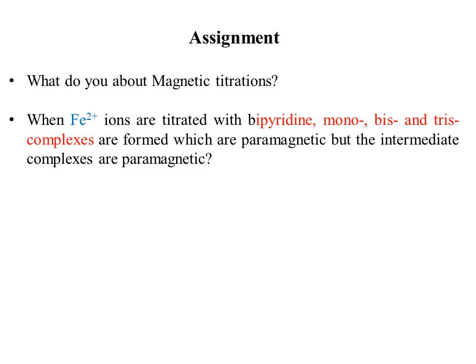Then the second example, which belongs to the first question, is that when iron(II) ions are titrated with bipyridine, mono, bis, and tris complexes are formed, which are paramagnetic, but intermediate species are diamagnetic.